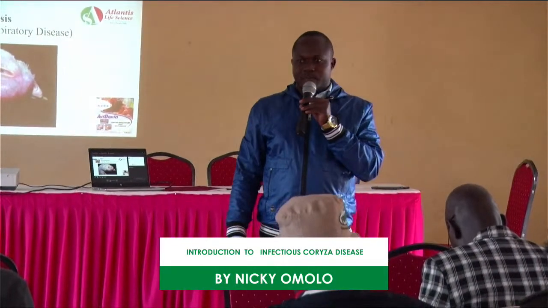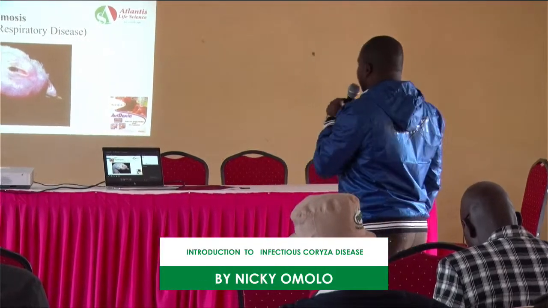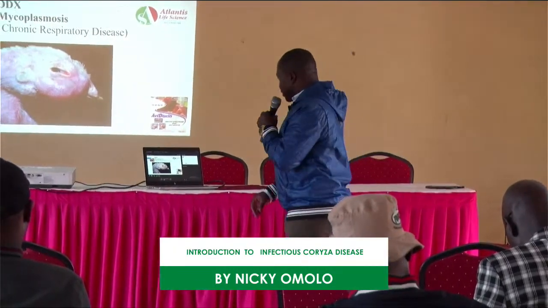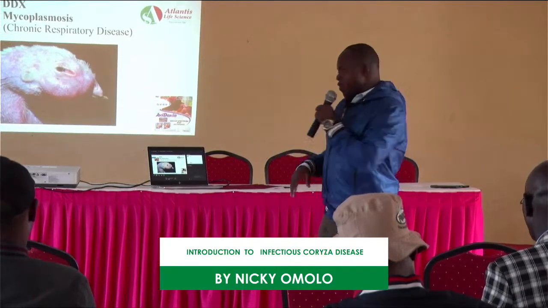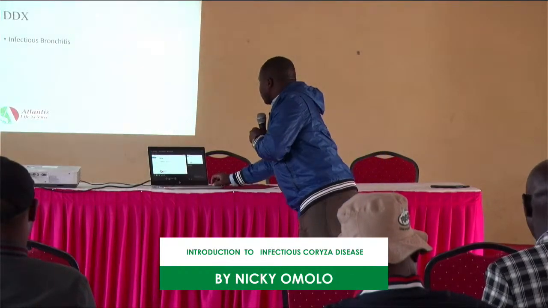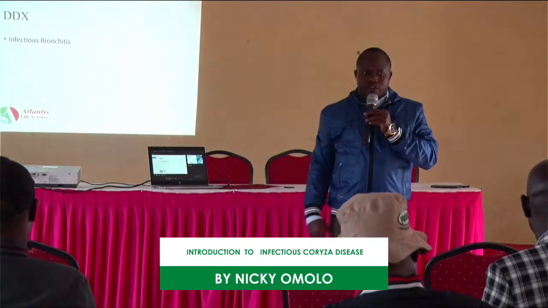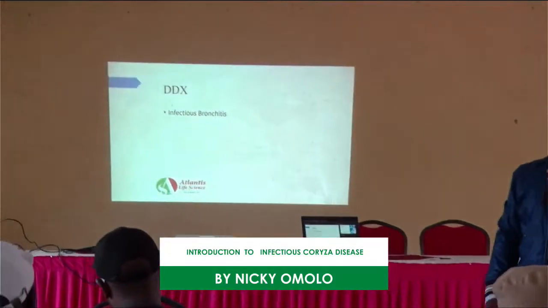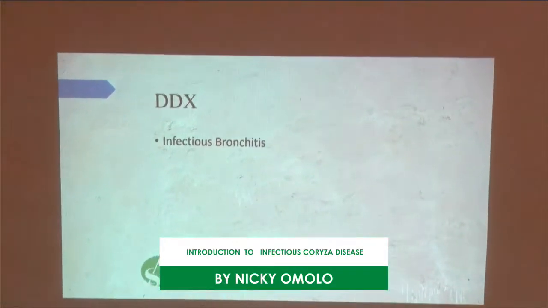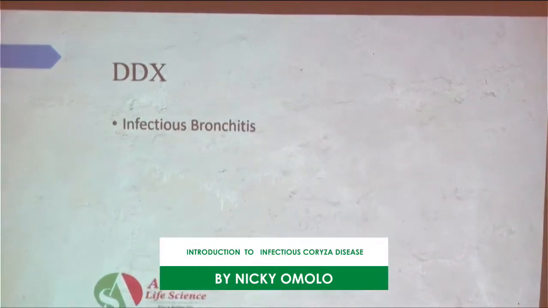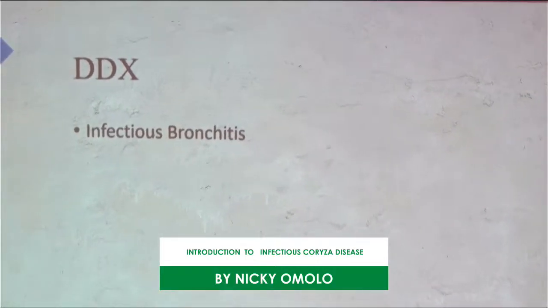Are we together? So that is how to differentiate between the three diseases, which can easily confuse you for the other. So already I've discussed infectious bronchitis as one of the very important DDXs when arriving at your tentative diagnosis in cases of infectious coryza.